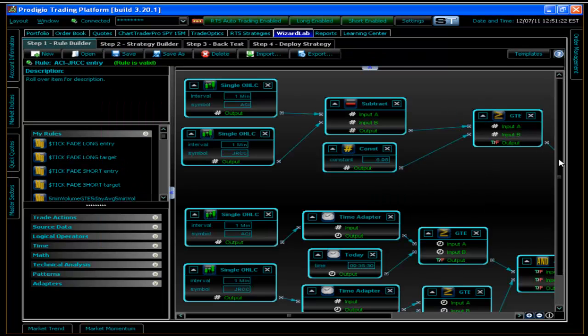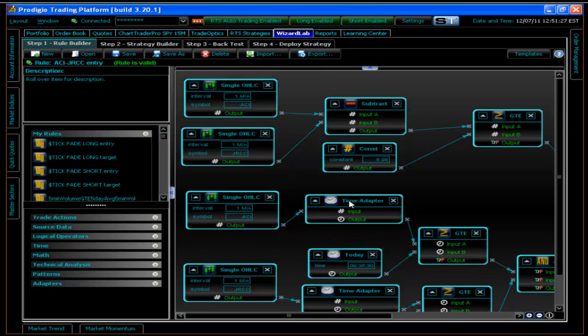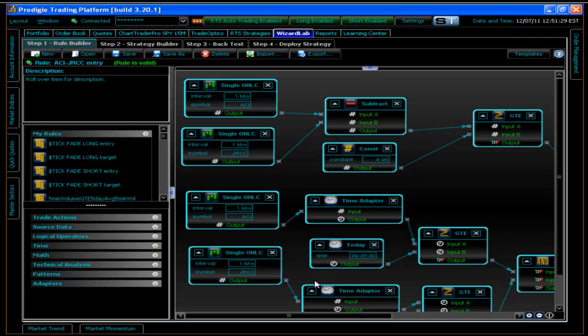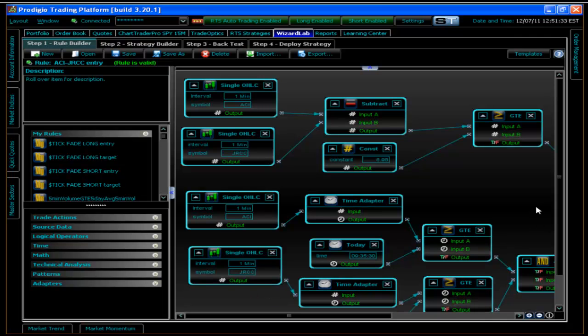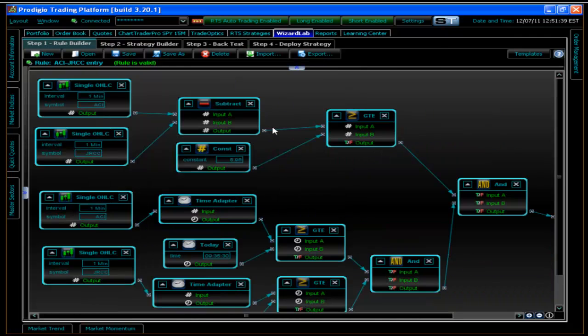All right, here is the guts of the strategy. Remember, you don't need to know all of this in order to do this, but I'm just going to show you really briefly what it all means, and then I'm going to show you how we're going to change all of this into BXP Vino. Real simple. So what is Prodigio doing behind the scenes? Every 1 minute, it's looking at the OHLC close value of ACI and GRCC.